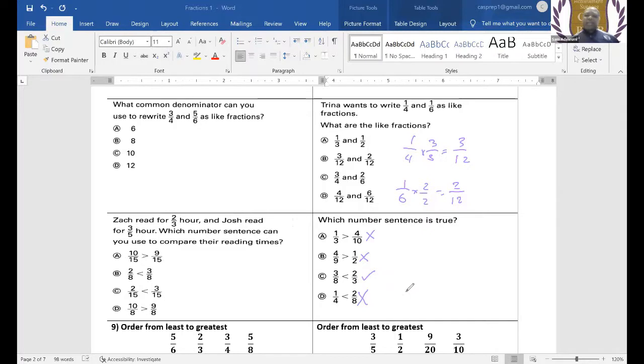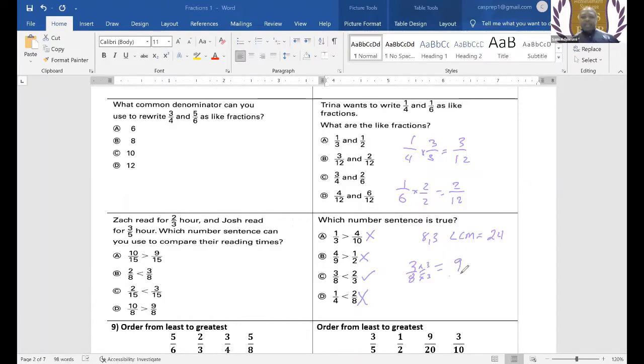To be clear that I'm actually correct, I'm going to find equivalent fractions. For 8 and 3, the LCM, least common multiple, would be 24. So for 3/8, I need to multiply this by 3, multiply that by 3.